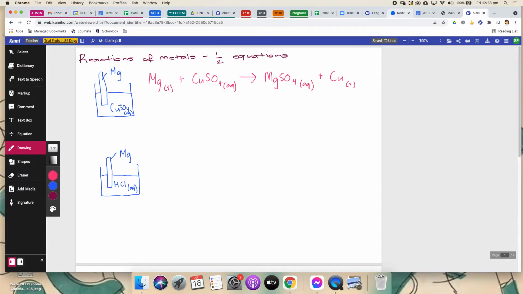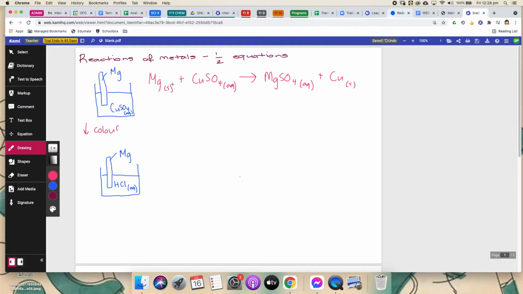So again, remembering that we'll see changes happening in this solution as well. We know very well by now that copper sulfate is nice bright blue. If we're getting much less copper sulfate because we're getting a positive copper being produced, then we're going to get a decrease in the colour. And we also know something's going to happen to this metal.